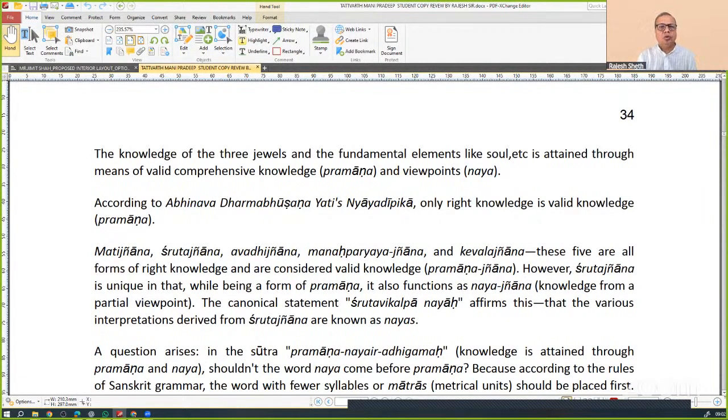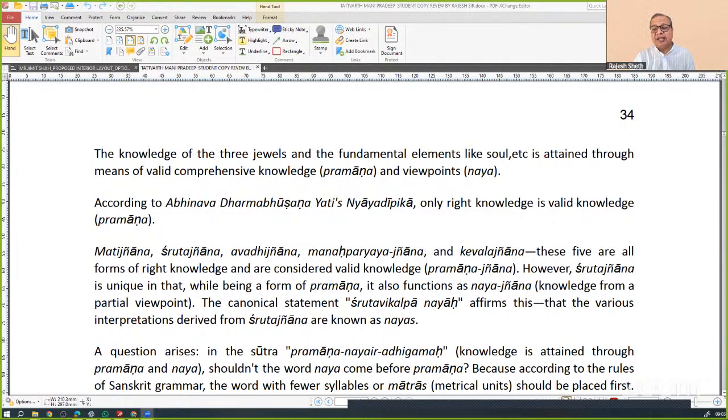So both tools, comprehensive valid knowledge and viewpoints, are used interchangeably to navigate this spiritual journey. We cannot have only one and serve our purpose; we need both. At times we will use valid comprehensive knowledge, and at times viewpoints, depending on the situation we are in. So I'll read the explanation.